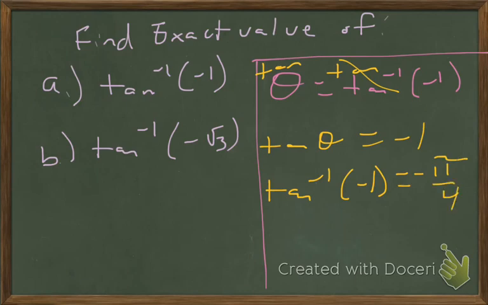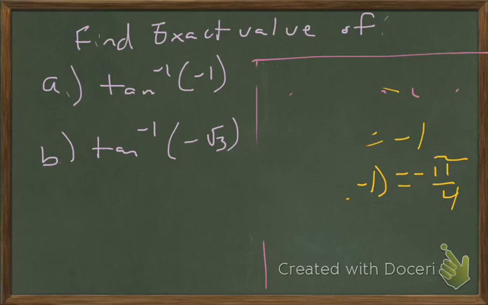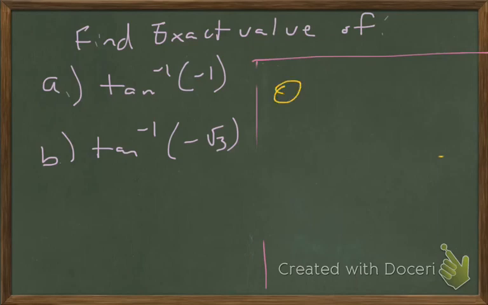Okay? Think you got what it takes? Try letter B. Alright, so I hope you've had time to try letter B. And we are going to give it a shot. Now, once again, we have theta equaling tan inverse of negative square root of 3.